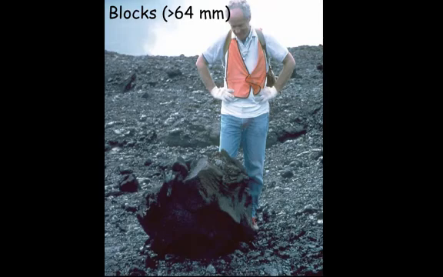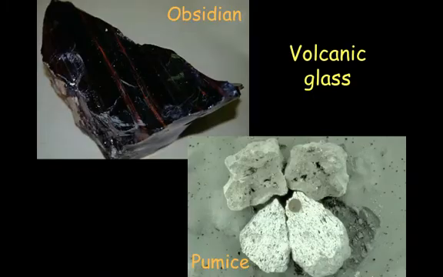Blocks can also be erupted. These are also pyroclastic ejecta, and blocks are greater than 64 millimeters in size. These are erupted as already solidified material that gets ejected out of the volcano. We see volcanic glasses, and I've shown you this before in obsidian and pumice.